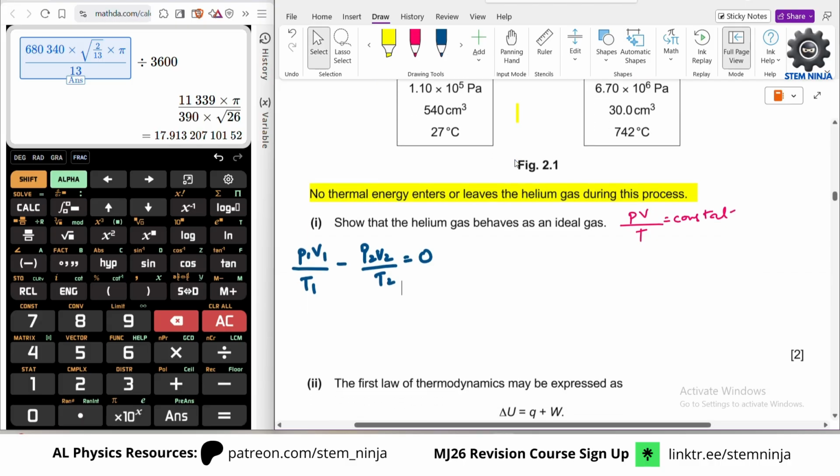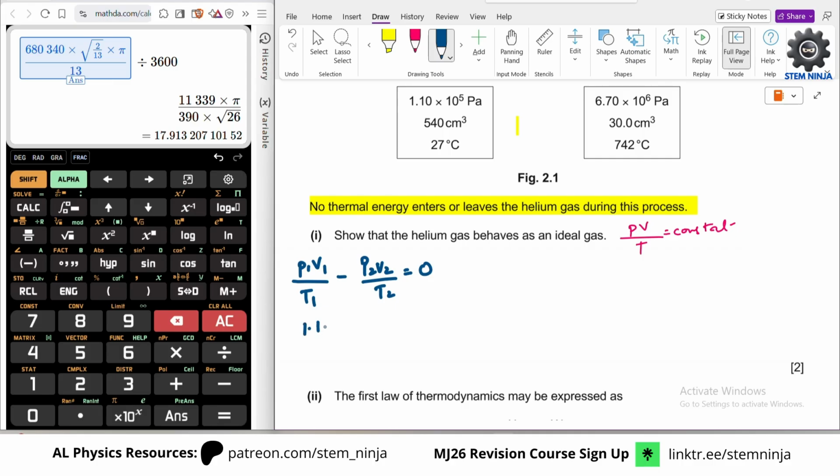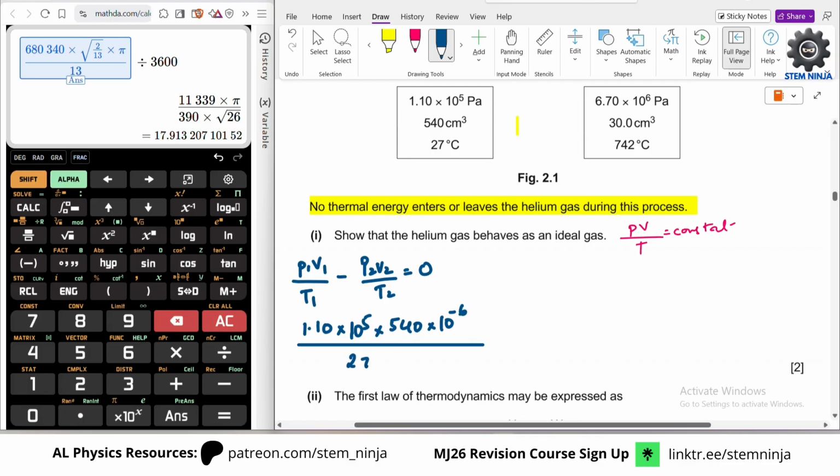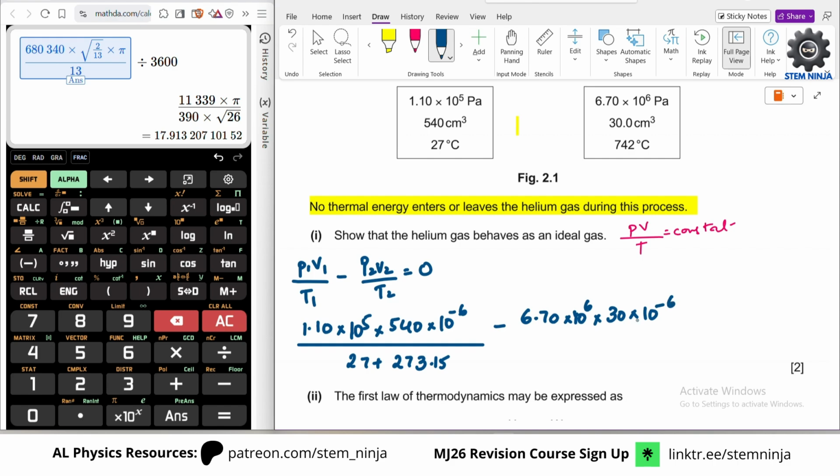So let's calculate that. 1.10 times 10 raised to the power 5, volume times 10 raised to the power minus 6 to convert it into meter cube, although since this is a ratio it doesn't matter, over temperature 27 plus 273.15, minus the second value, 6.70 times 10 raised to the power 6 times 30 times 10 raised to the power minus 6, divided by 742 plus 273.15.